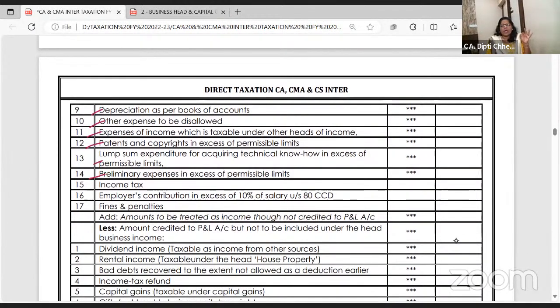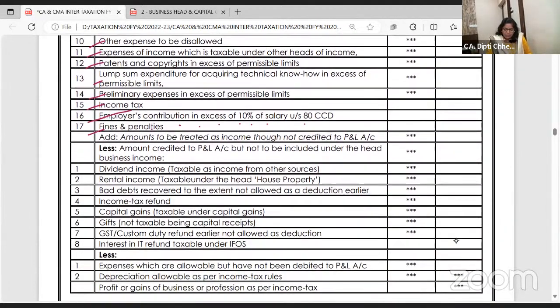Preliminary expenses allowed only 1/5 every year. Income tax, add back. Why? Income tax is not allowed as expense. Employer's contribution in excess of 10% of salary and DA to pension scheme, not allowed. Fines and penalties are not allowed. Add back.